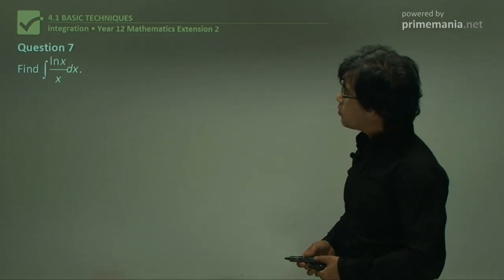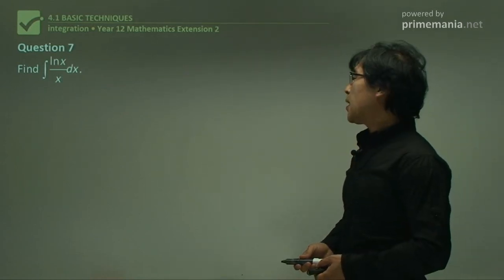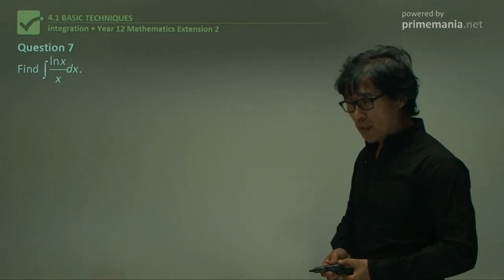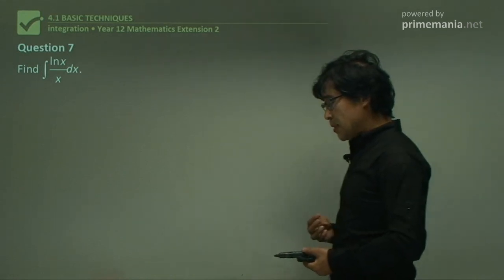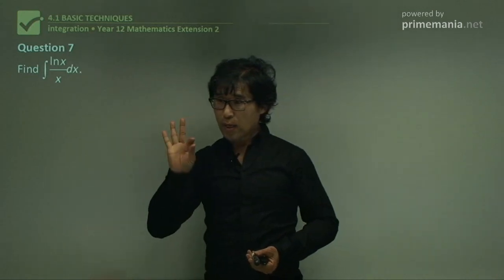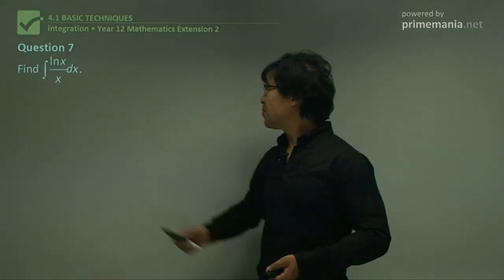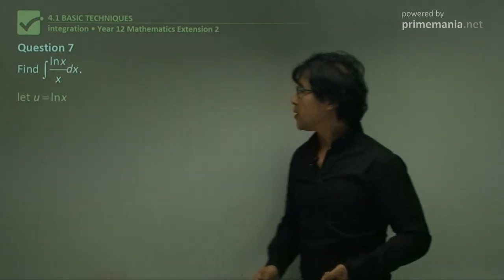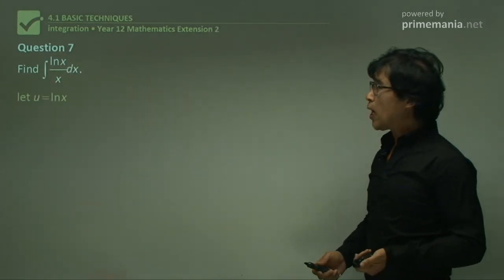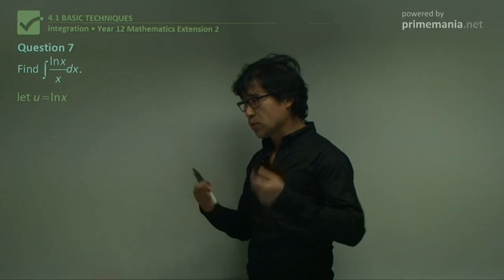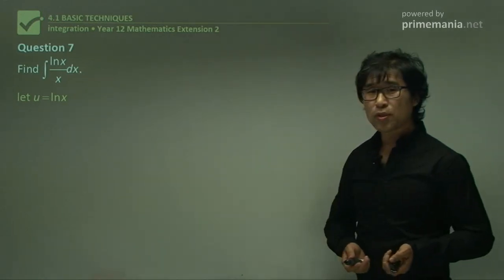What do you want to do? In this case, we do not know, so we must make a decision to choose the right part to be substituted by u. I think ln x is a headache, so let's make ln x equal to u. Always a good attempt. Then differentiate both sides.